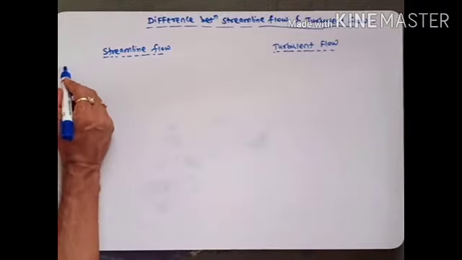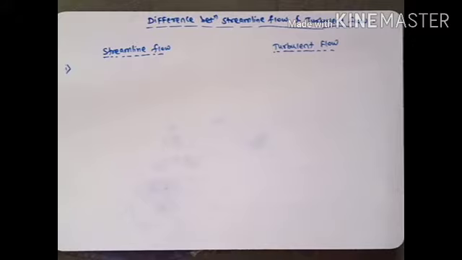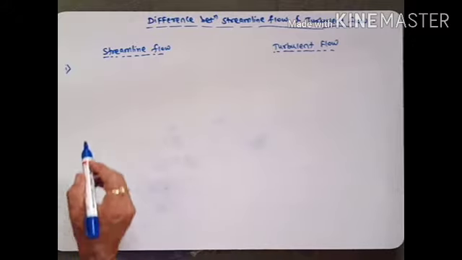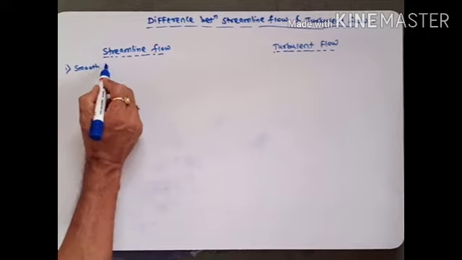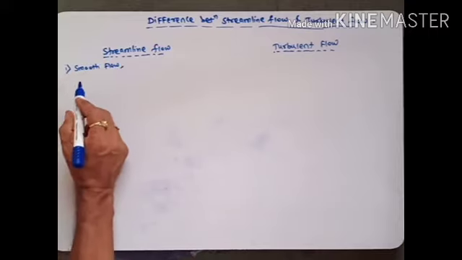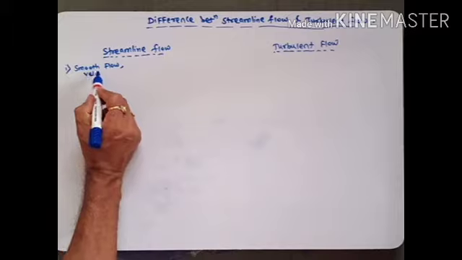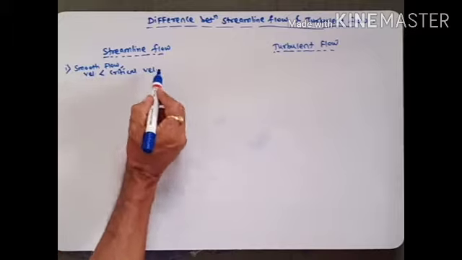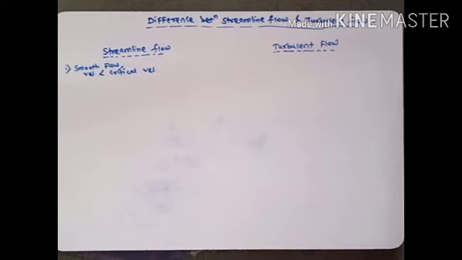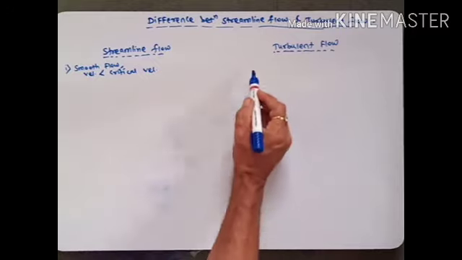First point: smooth flow with velocity smaller than critical velocity. This is the first point, it is a smooth flow with velocity smaller than critical velocity.